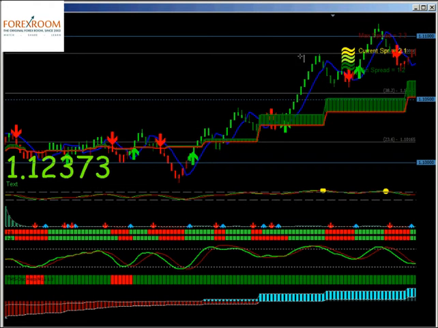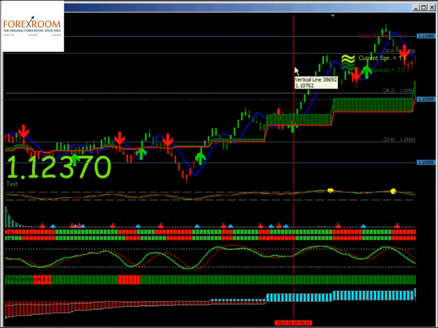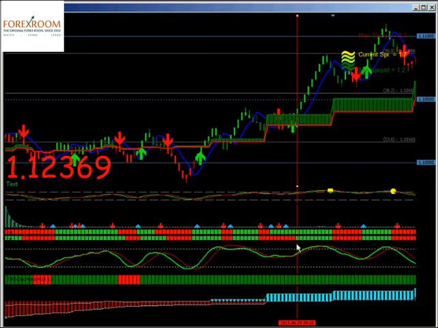He will get a re-entry right here. This seems to be a better entry. The price has already moved higher, has come back in these green bands. Everything is aqua, everything is green. He might wait for this last indicator here to turn green.